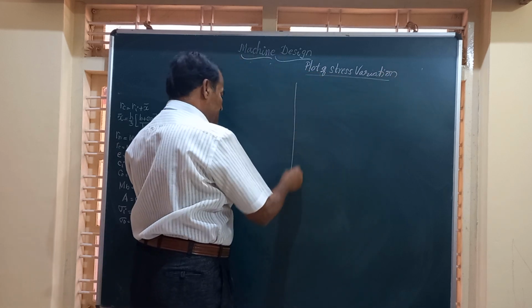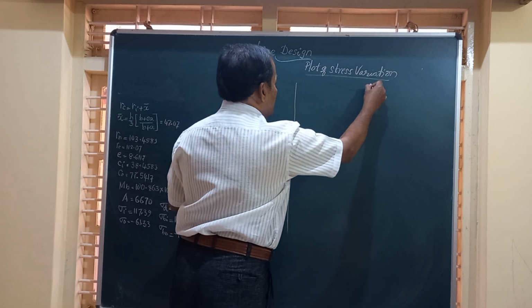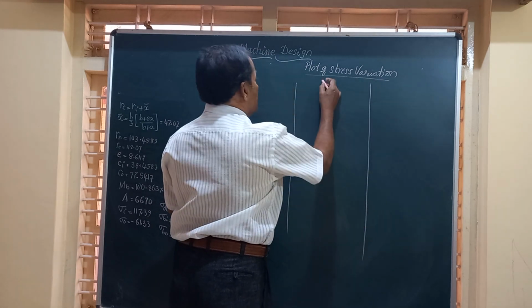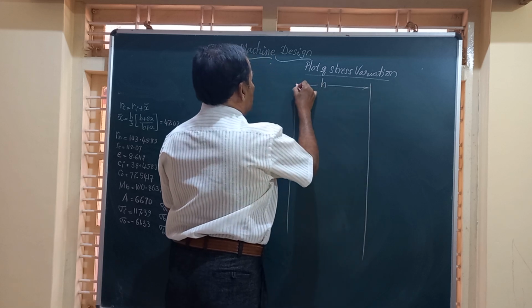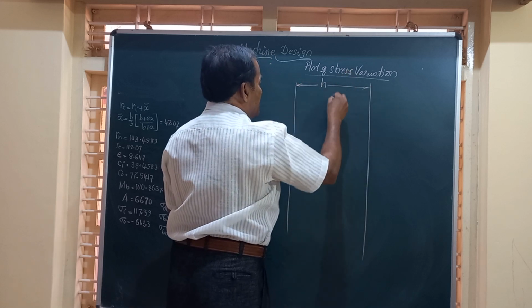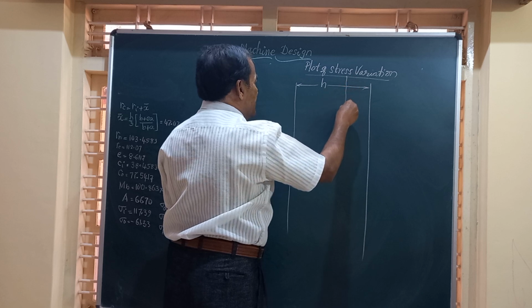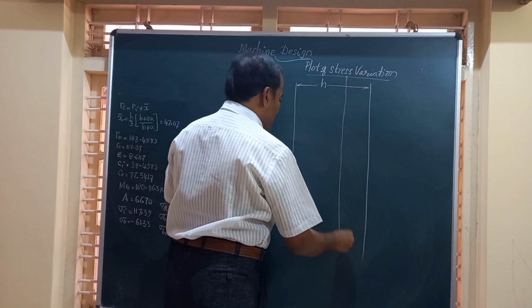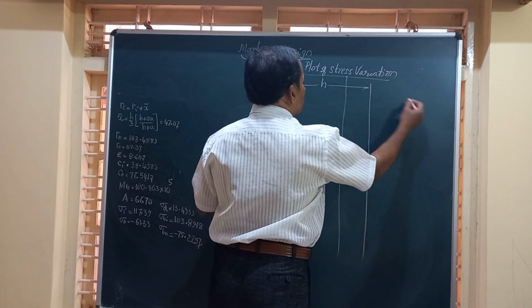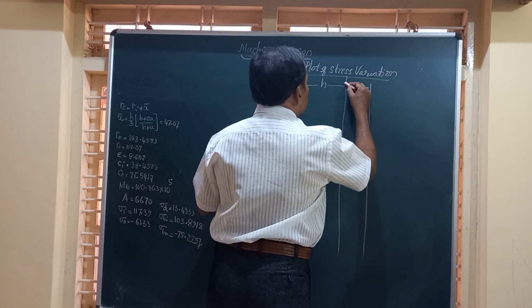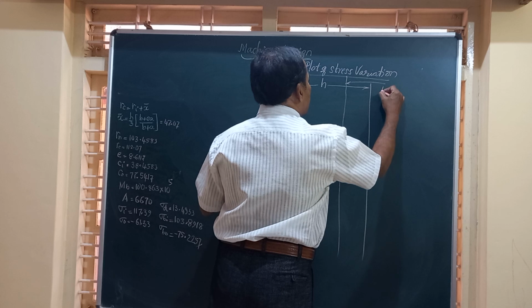Friends, you will draw two lines indicating h, the width of the cross section, and here friends you will write a line indicating the neutral axis, center of curvature here. I can see here this is the neutral axis.